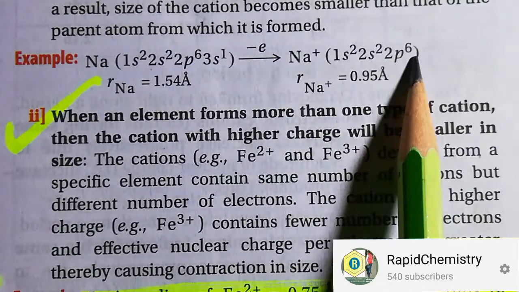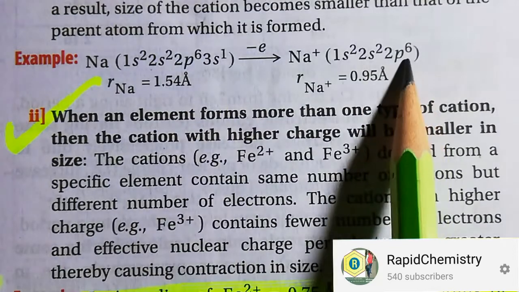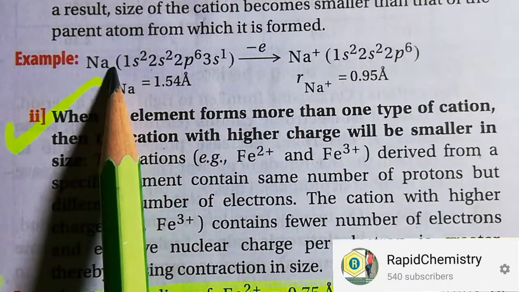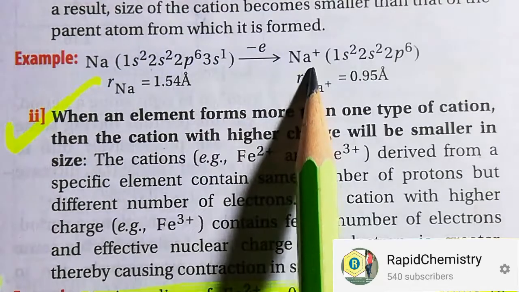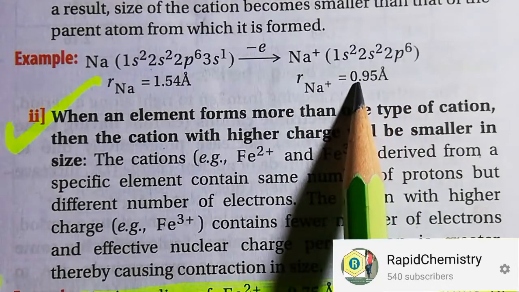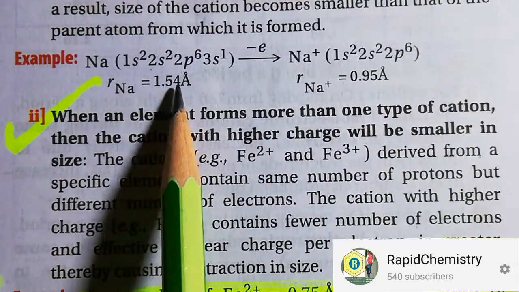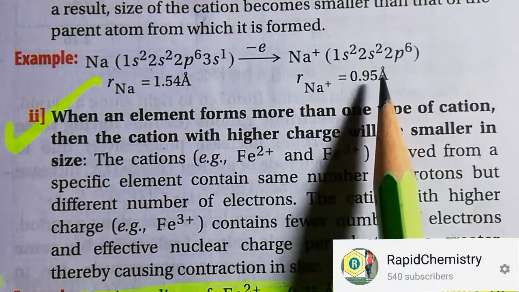And if you observe, you will find that for sodium, the third shell is lost. That means the sodium atom has the first shell, second shell and third shell, but the sodium ion has only the first shell and second shell, and that's why the size is decreased from 1.54 angstrom to 0.95 angstrom.